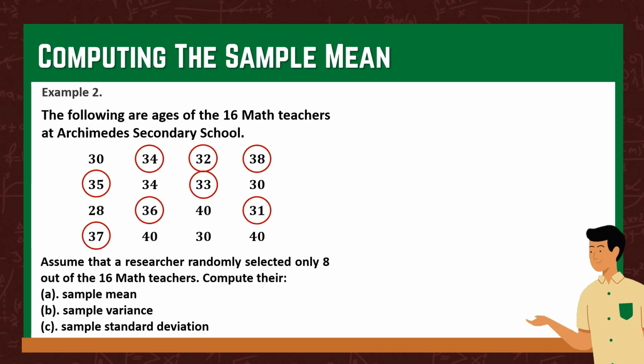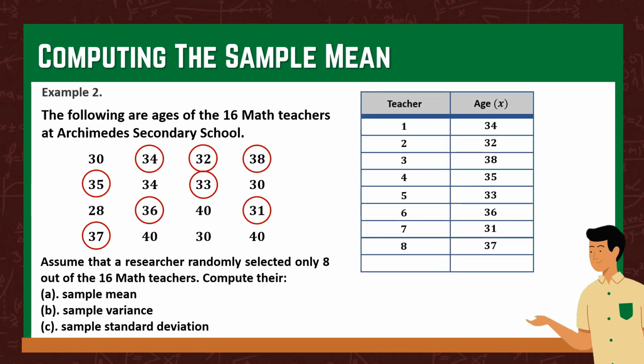So the first thing we will do is to prepare a table for our sample data. So we have teacher 1, 2, 3, 4, 5, 6, 7, 8. So our n is 8 and their corresponding age. And the sum of the ages is 276.